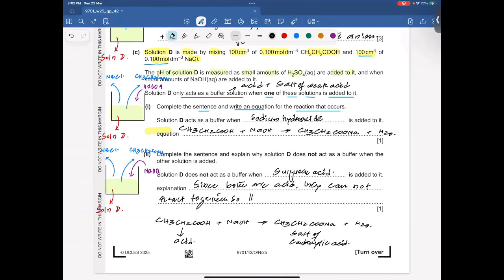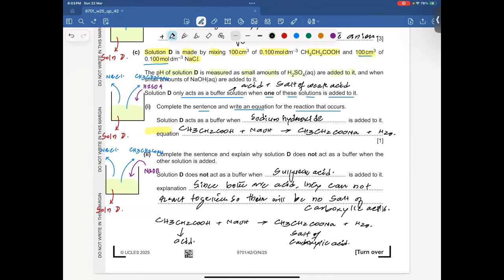So there will be no salt of carboxylic acid, and salt of carboxylic acid is also called conjugate base. So you can write there will be no conjugate base, or absence of conjugate base.